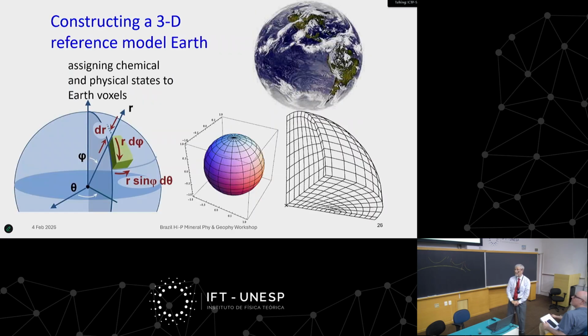Next slide. All right, we have to voxelate the Earth. So we construct a 3D reference model, and that's what I've been doing for 20 plus years. Constructing 3D reference models in which we have voxels, in which we put in seismic Vp, Vs, density and chemical composition. I actually assign what will be the concentration of uranium and thorium.